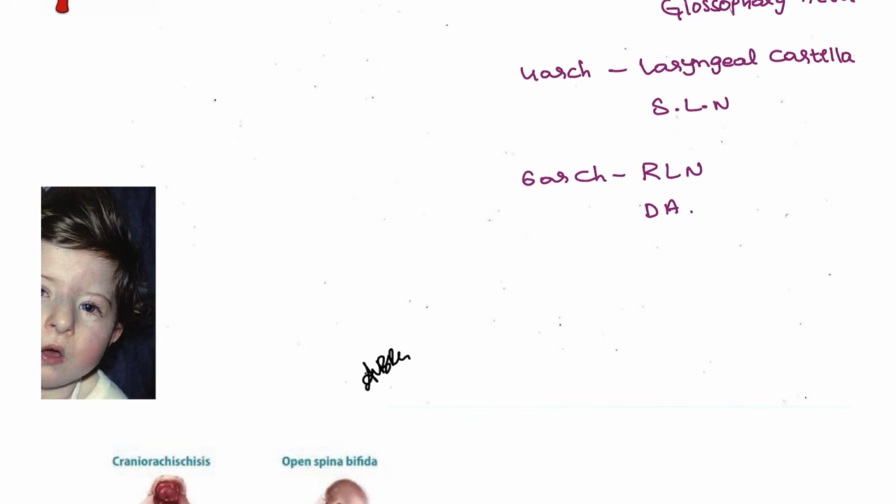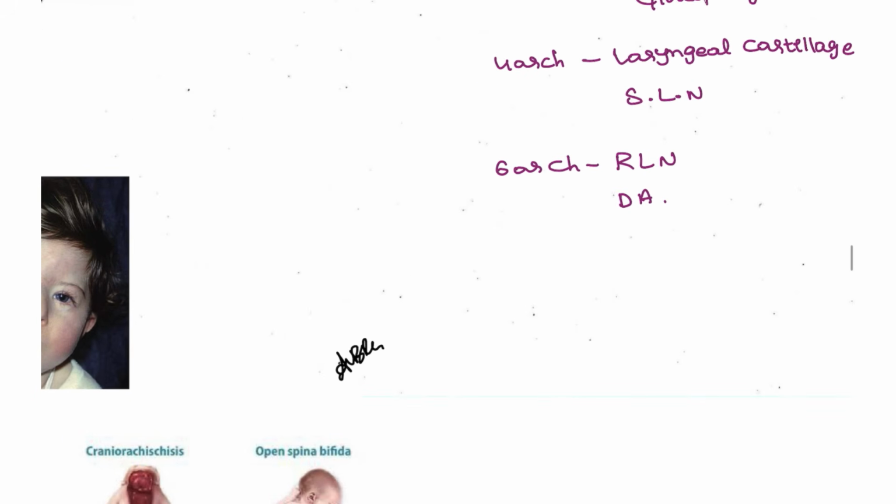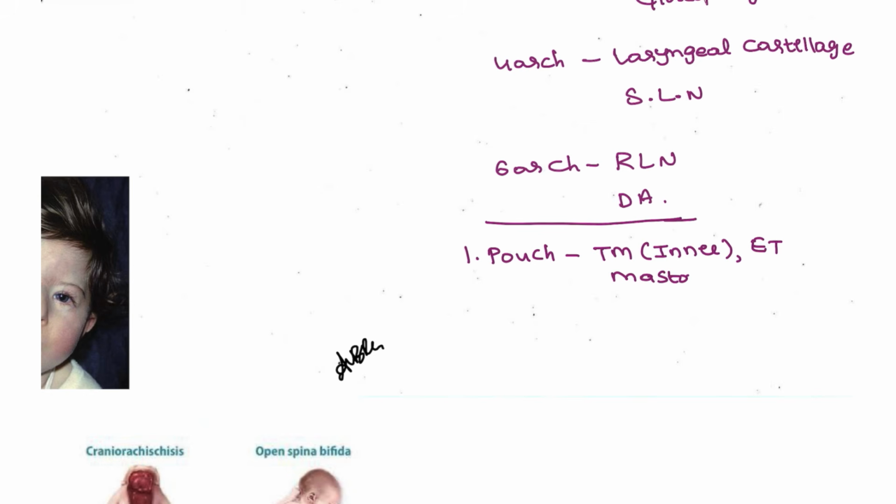Next, coming to the pouches. Here we will see the pouches. What are the important pouches? The first pharyngeal pouch will give rise to the tympanic membrane inner layer, eustachian tube, and also mastoid antrum.